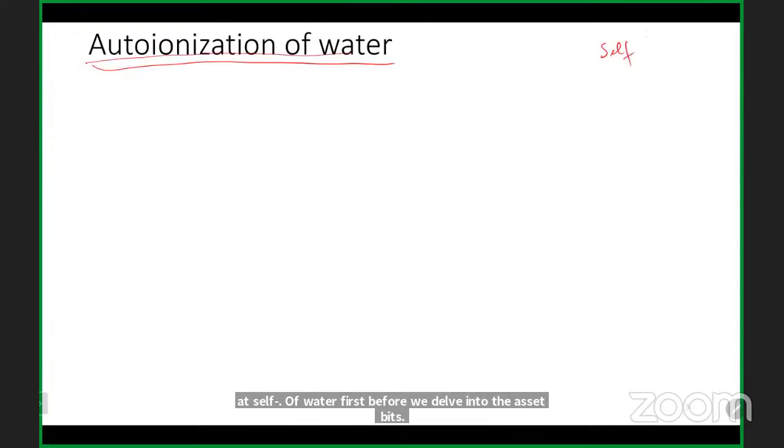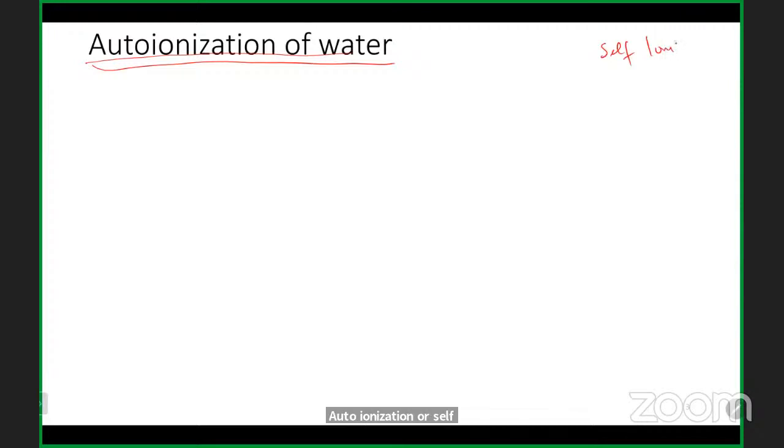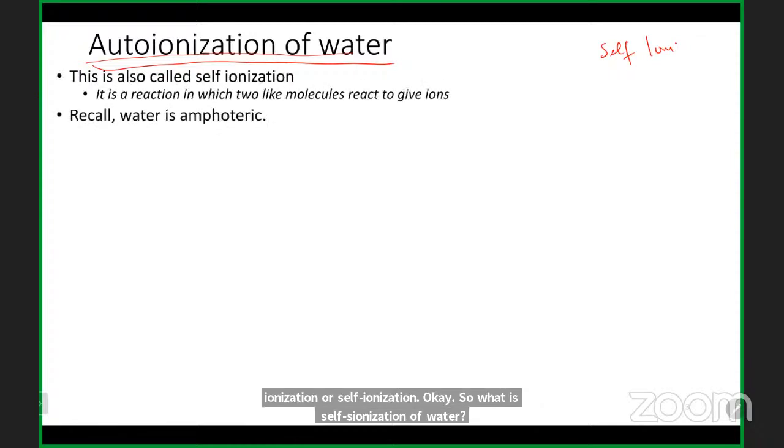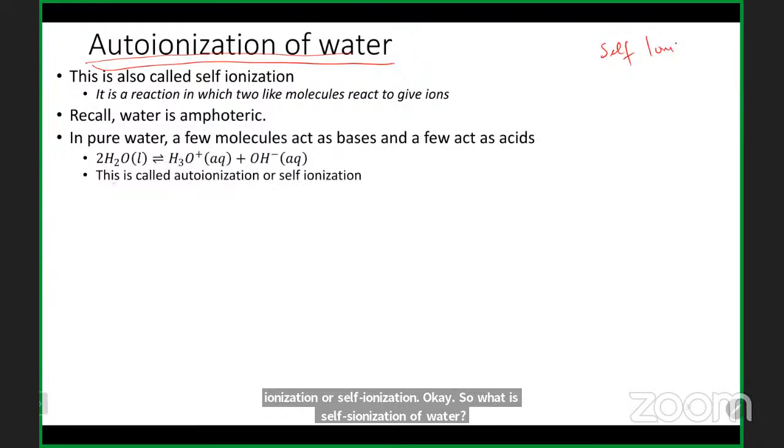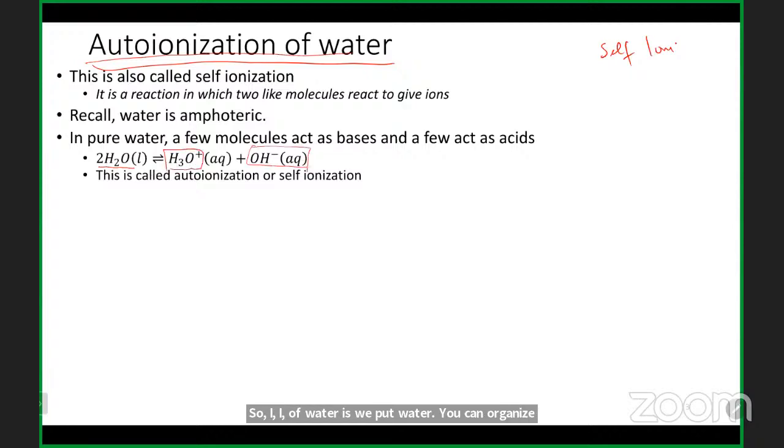Auto-ionization or self-ionization of water. So what is self-ionization of water? Self-ionization of water is if you put water, it can ionize into the hydronium ion plus OH minus.